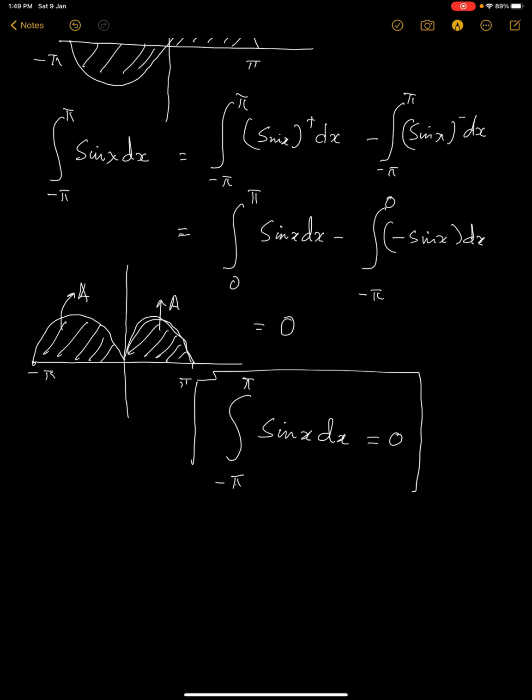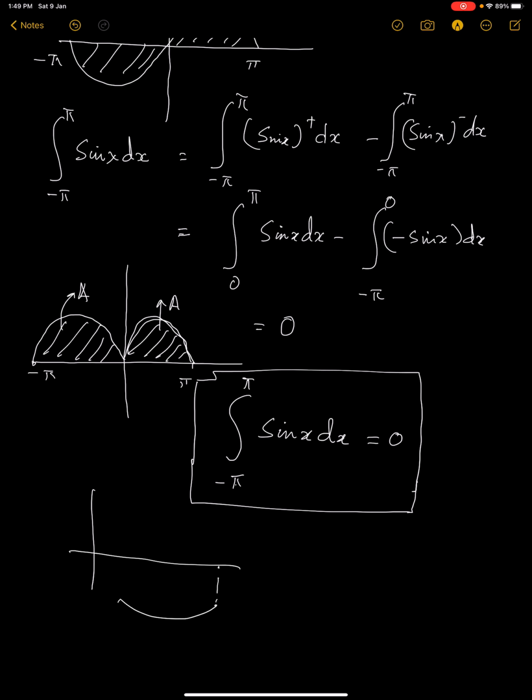So it is very important to remember that the real interpretation of the integral is that in general the integral is the difference between two areas. When we talk about area, we are always talking about a non-negative function. You can say, okay, I can talk about a non-positive function, a function which is always less than or equal to 0.